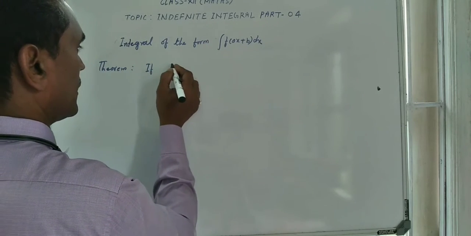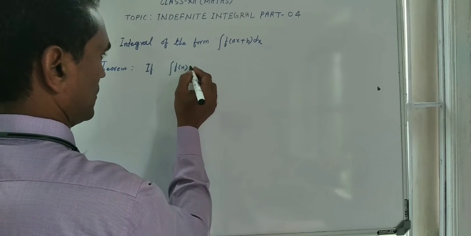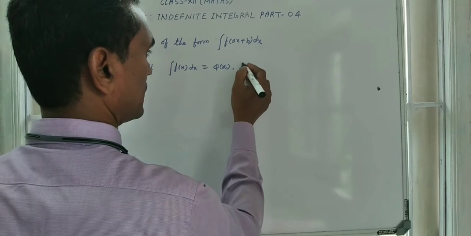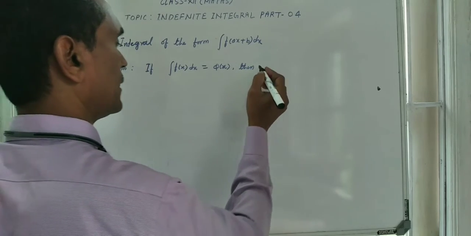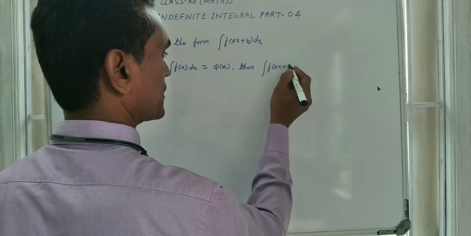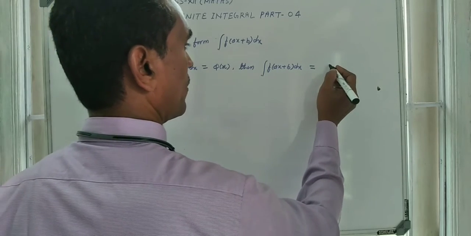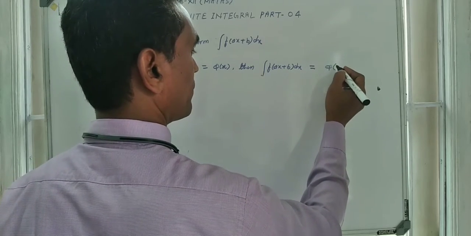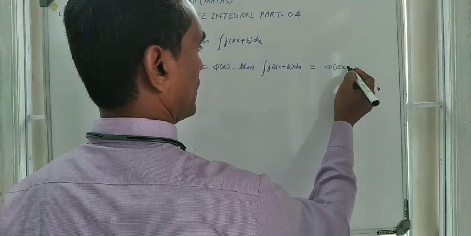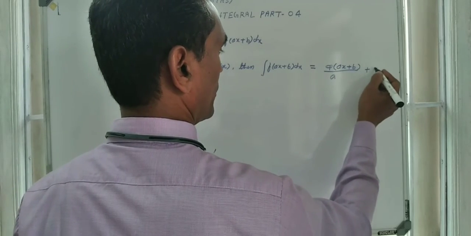If the integral of f x with respect to x is phi x, then the integral of f of ax plus b with respect to x is phi of ax plus b divided by a plus c.